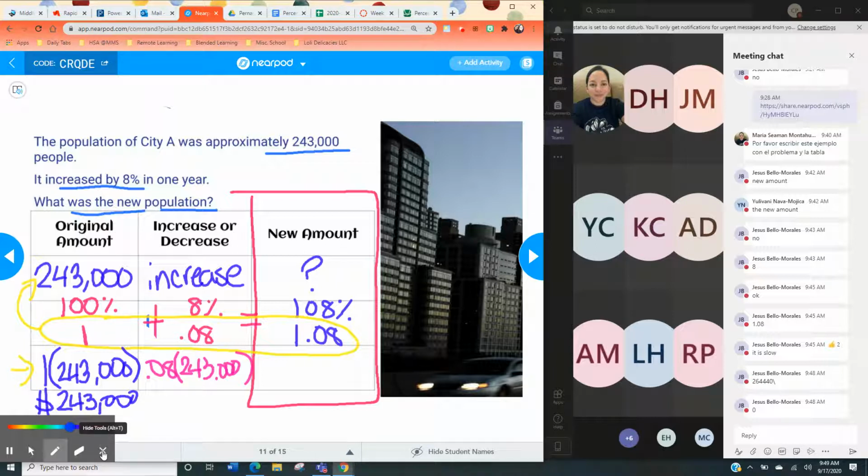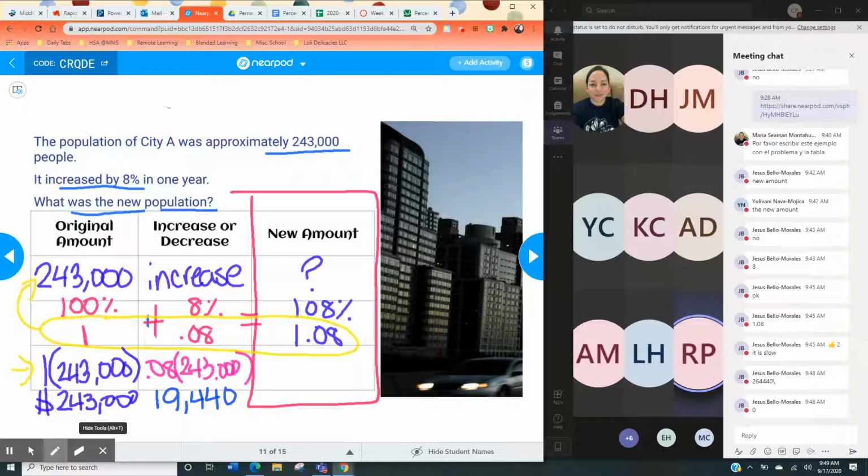Everyone should have a calculator. What is 0.08 times 2,400, 3,000? Okay, what is it? Perfect. 19,440.